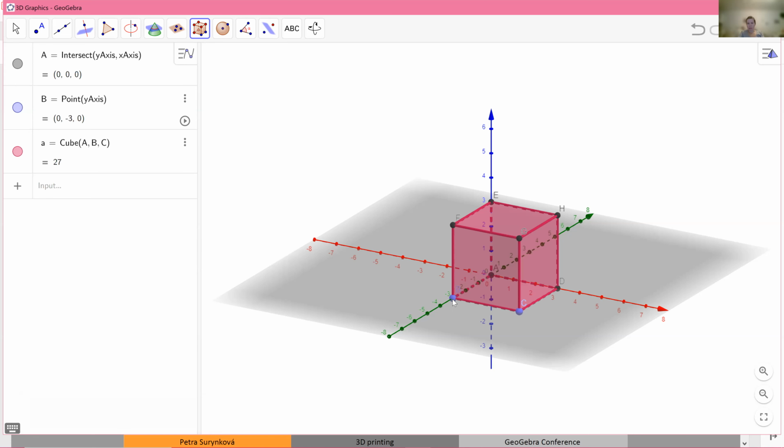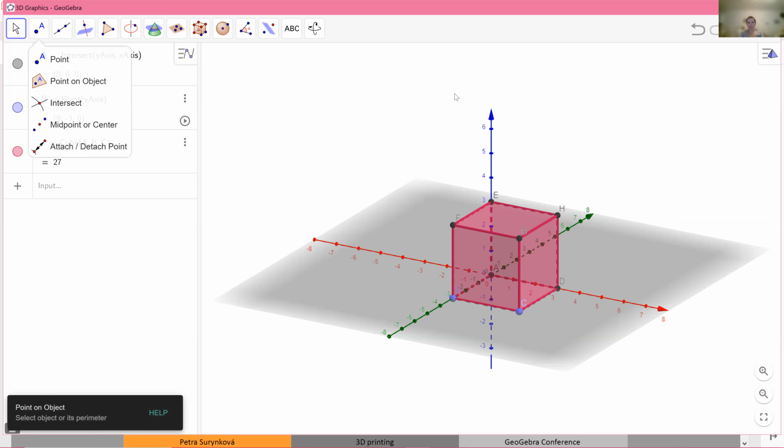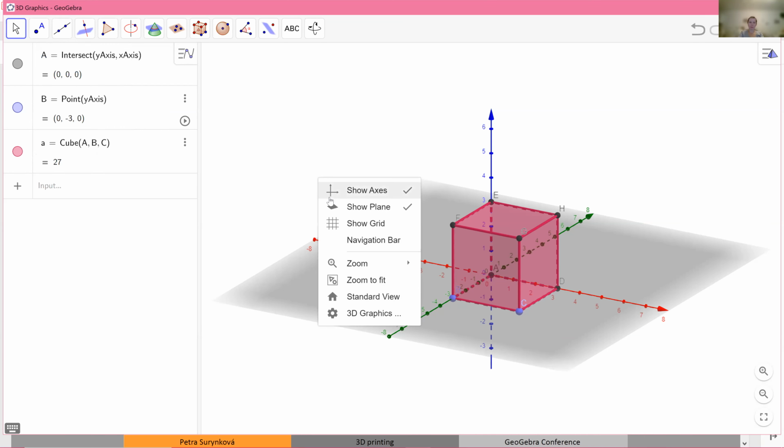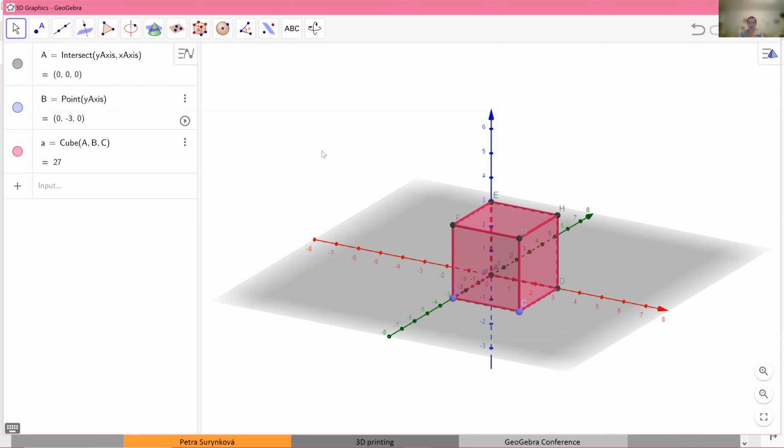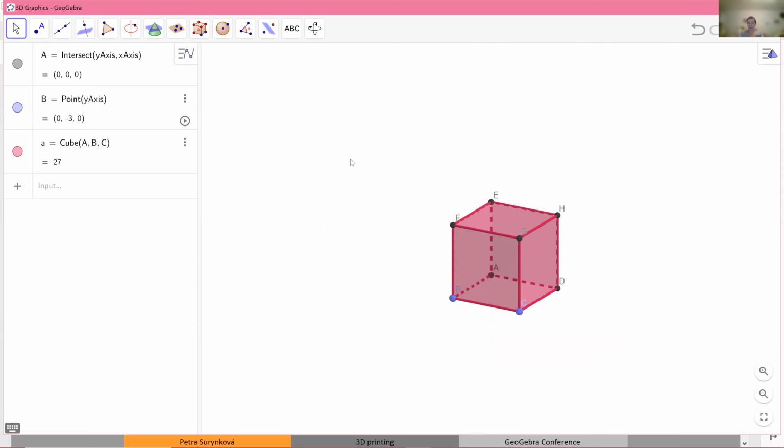And if you have this digital model, as Steve already said, you have to remove everything that you do not want to print. For example, I will remove the show plane and also the axis, otherwise they will be in the digital model and I would print them also.